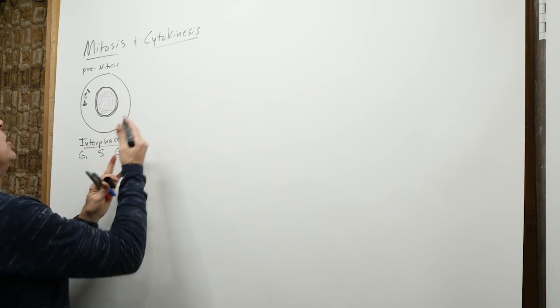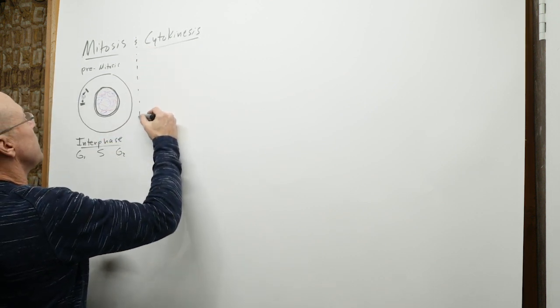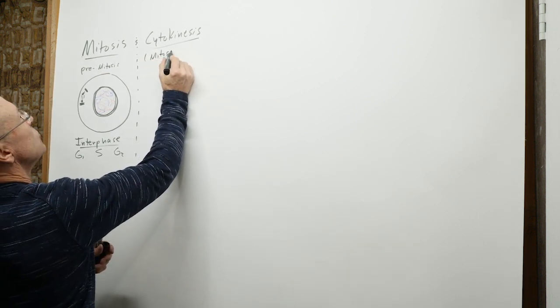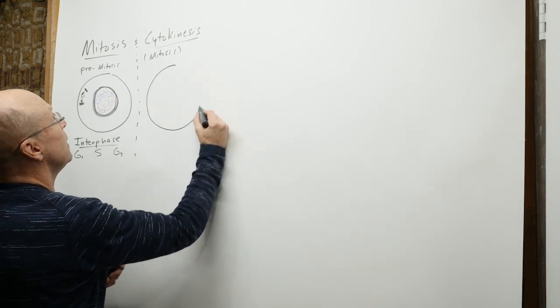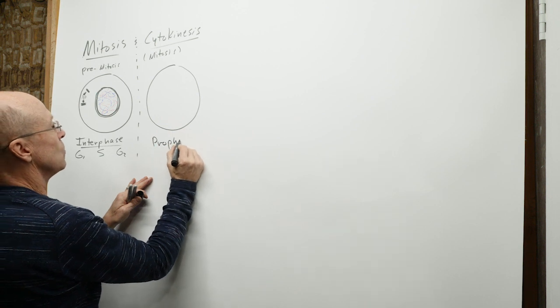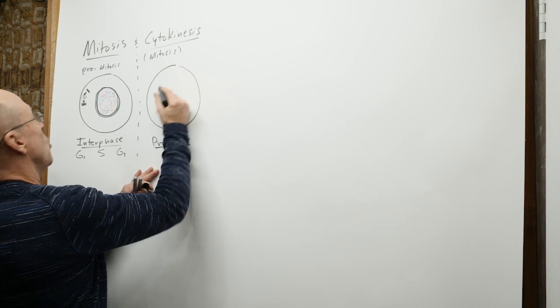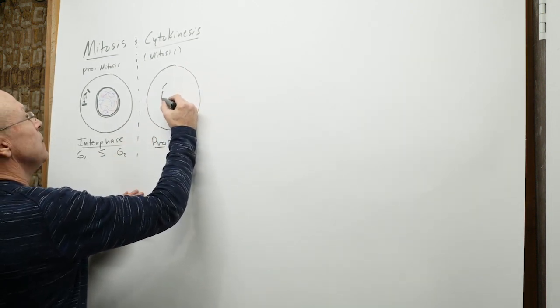Now we can move into mitosis proper. So I'll put this line here. So now we're actually entering into mitosis. And mitosis is going to start with this process right here. This process we call prophase. And in prophase, we're going to see that the nucleus is still pretty tight.